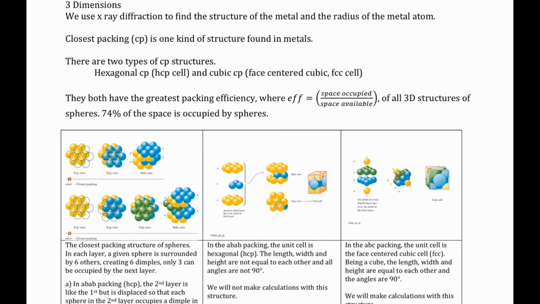Of all 3-dimensional structures of spheres, in this case 74% of the space is occupied by spheres. So in both hexagonal closest packing and FCC closest packing, 74% of the space is occupied by spheres, or by atoms.